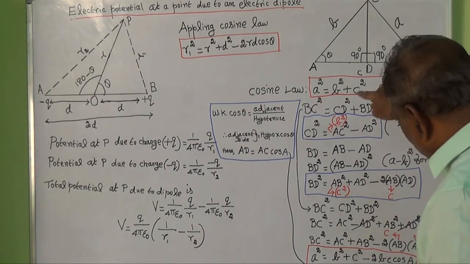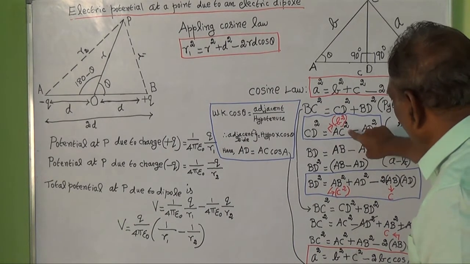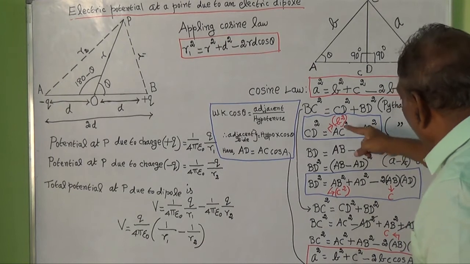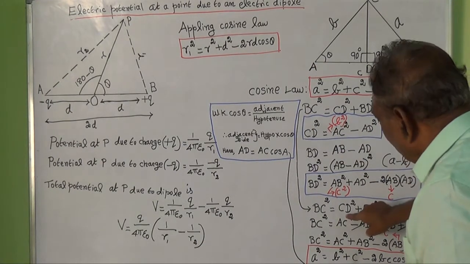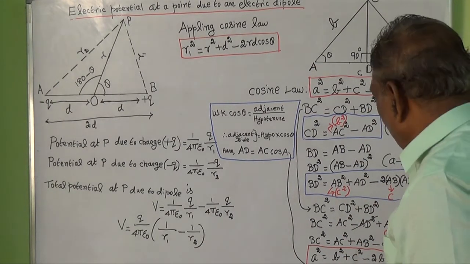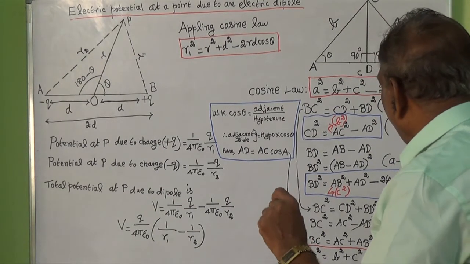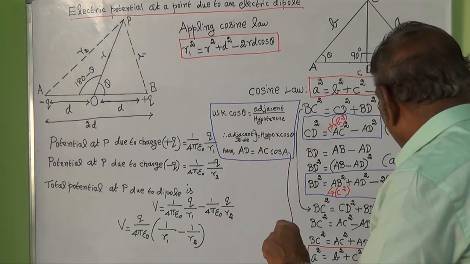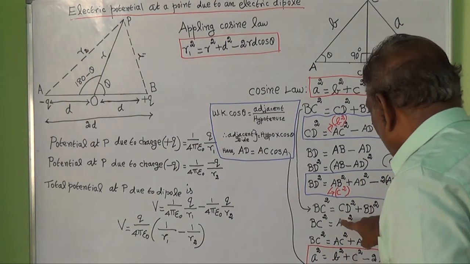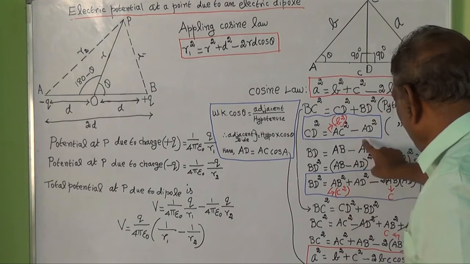So can we substitute AC square minus AD square in the place of CD square? Yes, we can substitute. If we substitute CD square that we have already determined, we will get AC square minus AD square.